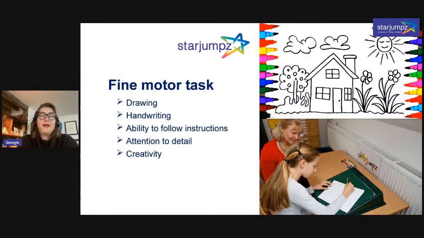It tells us a lot about the child's ability to remember the instructions, to listen to the instructions in the first place, how keen they are, their speed of working, how they're holding their pen or pencil. There are a few little red herrings in the task, and it's whether the child notices. It's really interesting. Some do, some don't.